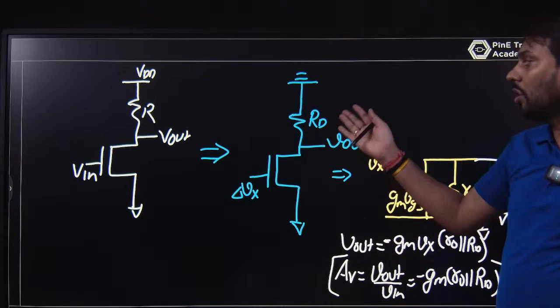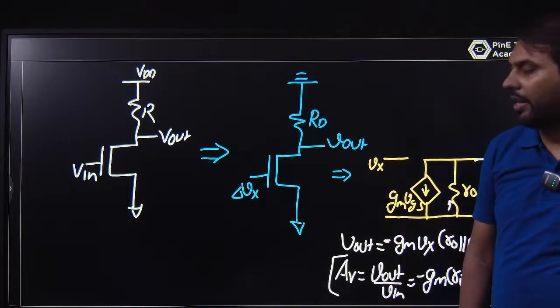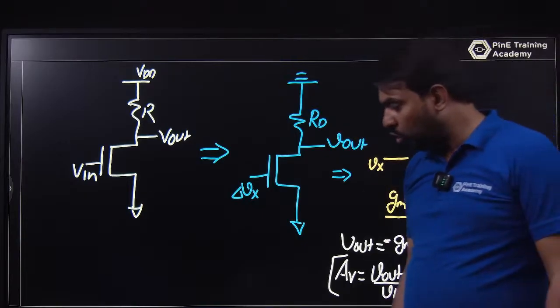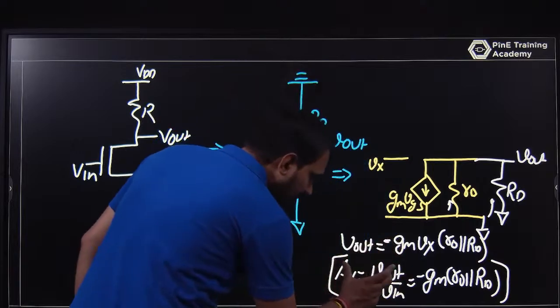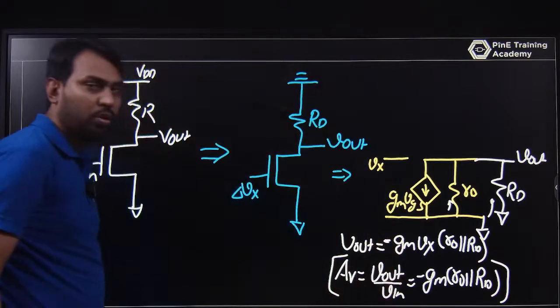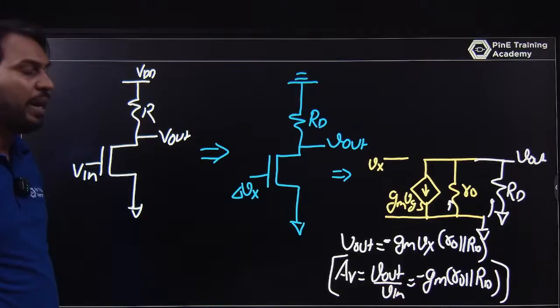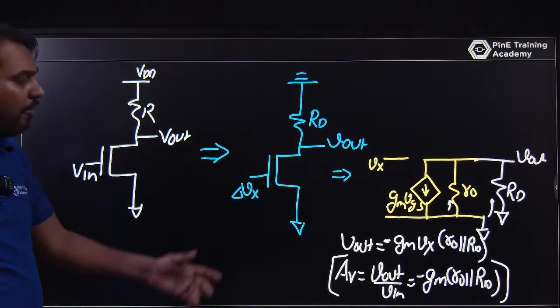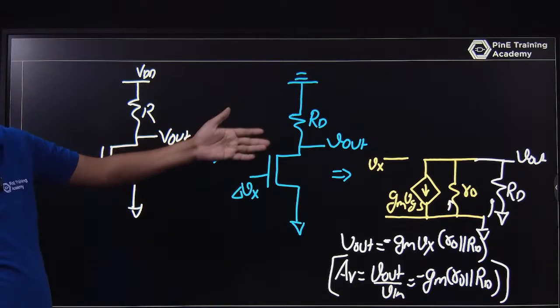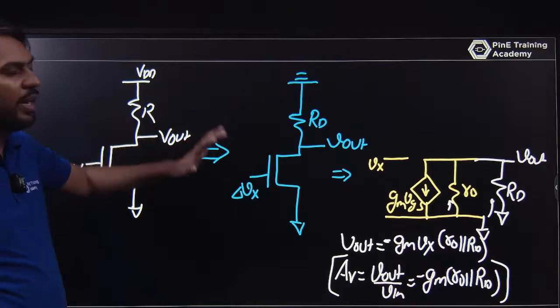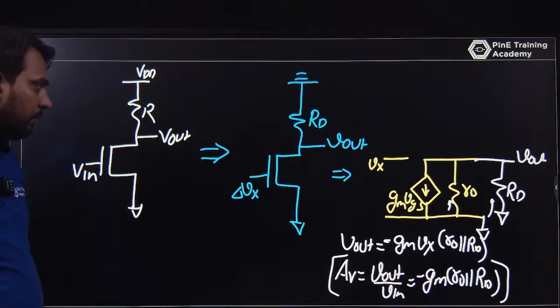So we can use a MOSFET in place of RD. You mostly think about this equation, minus gm R naught parallel of Rd, and we change that Rd with respect to a MOSFET, a current source load, or anything. This is the way you can do it.